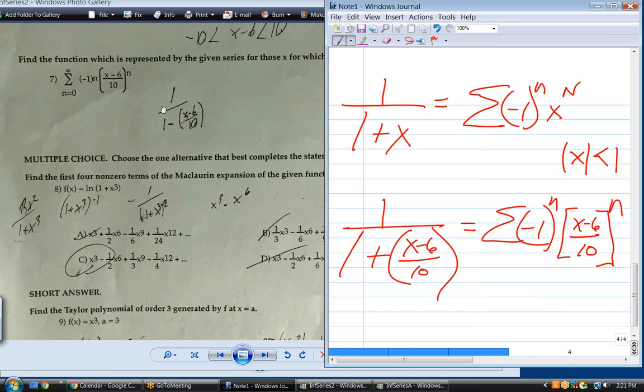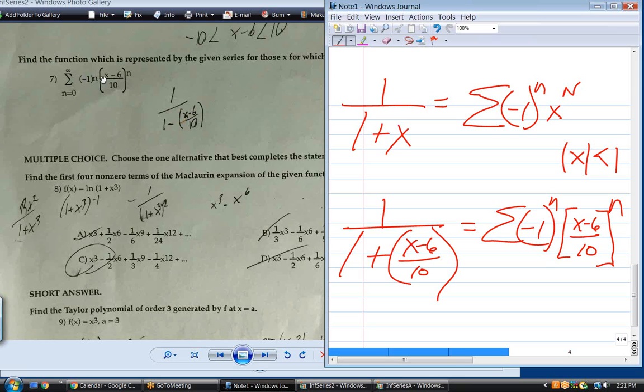In other words, you treated this just like a normal geometric series, and you came up with the sum by using 1 over 1 minus r. But if it's an alternating series, that's not the case.